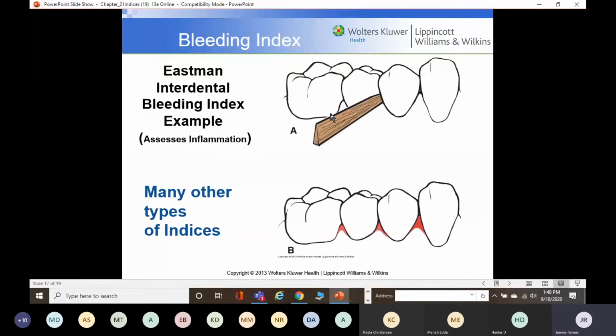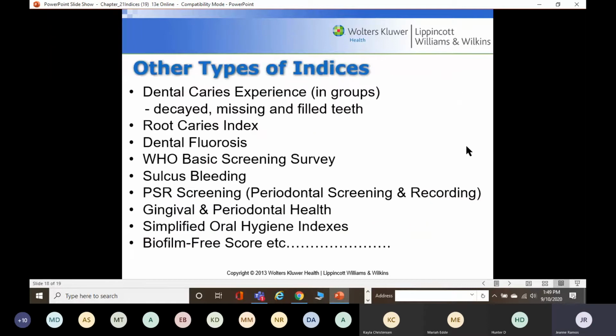So they take a wedge, and you have the patient wet the end of the wedge, just make it a little soft, and then you put it in and out of all the embrasures. And where it's bleeding, then you would take a particular kind of score, but that's the Eastman type.